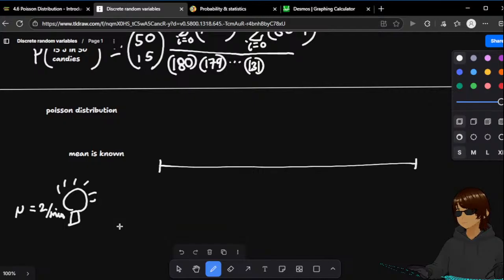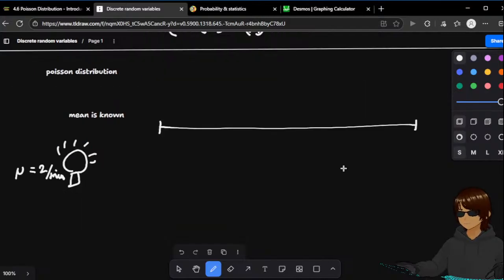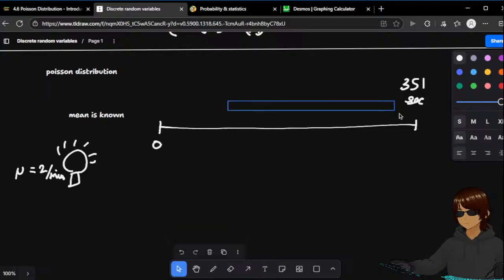So 2 per minute. So the question is within X minutes, within a particular time, let's say 0 to 351 seconds, within this time, how many times the light bulb blinks?